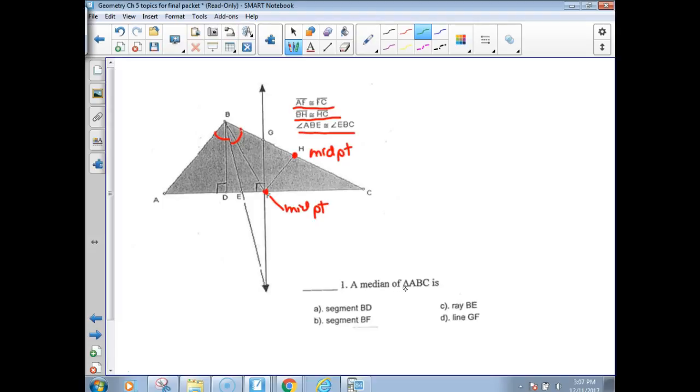Okay, I'm seeing some hands. All right, Robert? BF, yep, that would be a median. And that's choice B.